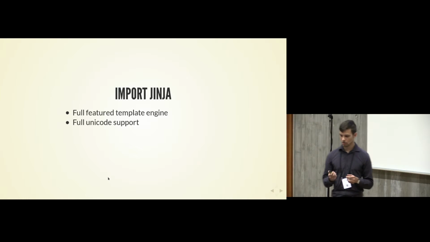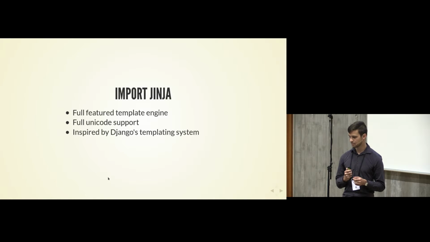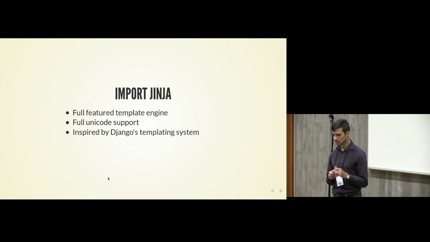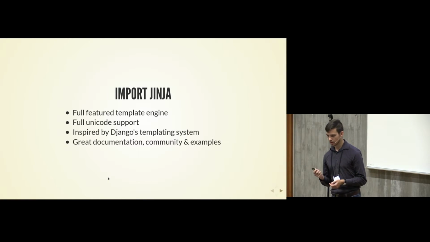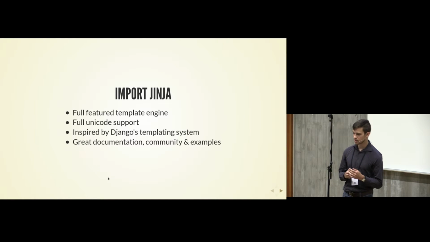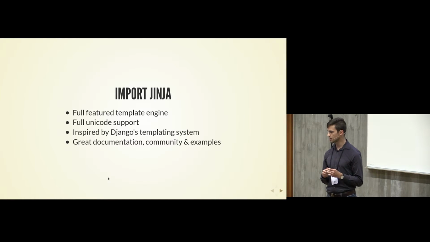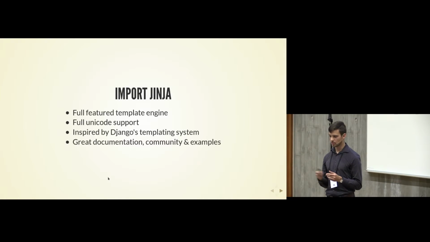It supports Unicode, and if you are familiar with Django, I think some of you might be. The templating system is heavily inspired by Django's. And the reason why I chose this templating engine is that it has a great community and also documentation.